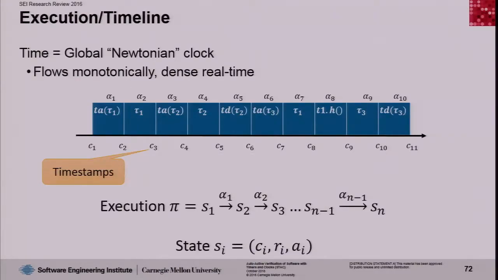And so if you look at an execution of the system, you can think of it as built up of a sequence of transitions. Each transition is either a chunk of a thread executing or some action that denotes a thread arriving or departing.